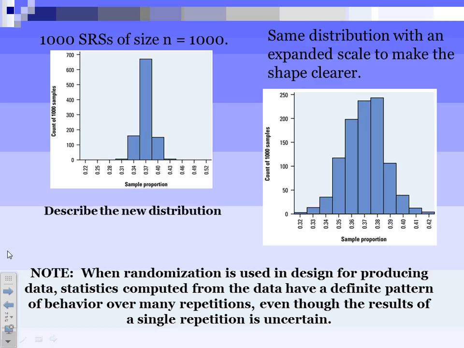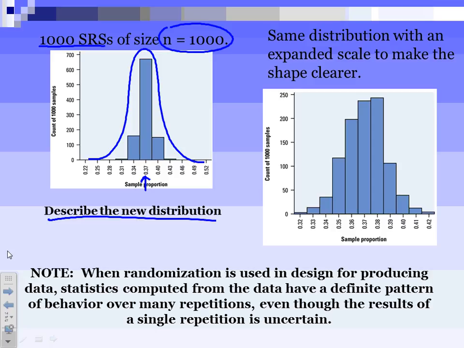All right. Now, let's take a look at the same example, still looking at 1,000 SRSs, but let's make that n, meaning the sample size, 1,000. As we see, it's still centered there at 0.37, and it still is approximately symmetric. So we would say, again, describing this new distribution, it is approximately symmetric.